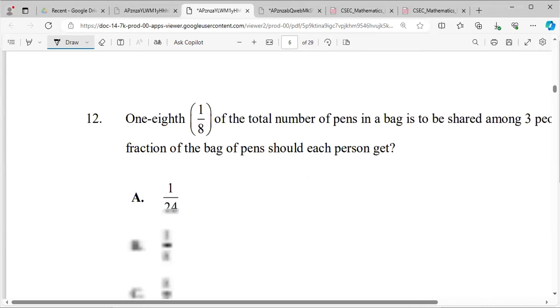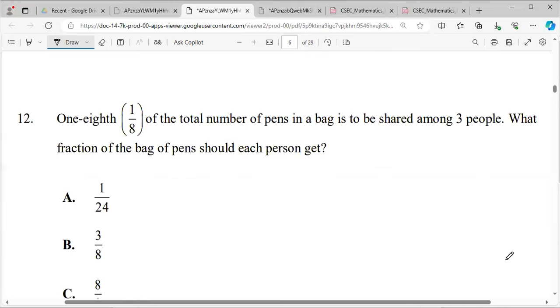Next one, guys. This one says 1/8 of the total number of pens in a bag is to be shared among 3 people. What fraction of the bag of pens should each person get?